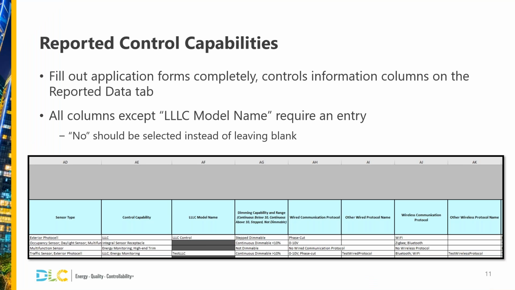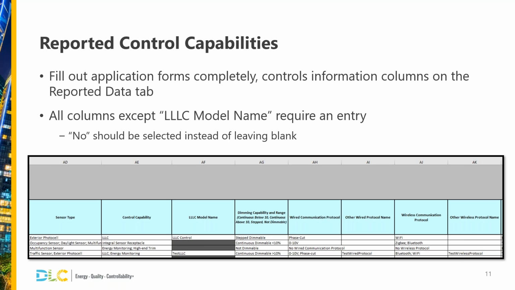One particular area where we see some errors is during the reported control capabilities. In this section of the application form, it is important that you fill out all of the control information columns appropriately. All columns except for the LLLC model name require an entry.